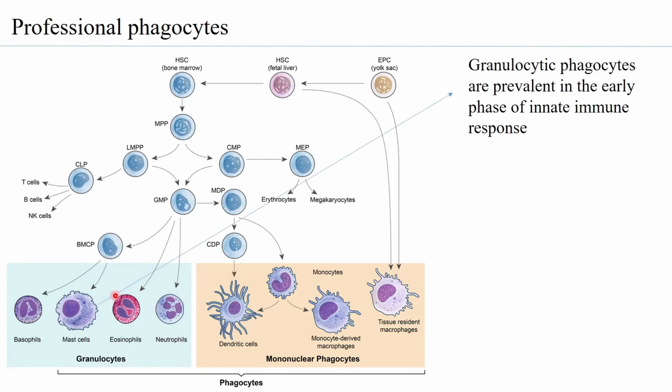So granulocytic phagocytes are all prevalent in the entry phase of the innate immune response, and each one of them has a slightly different function, although it will still fall under an innate immune response.